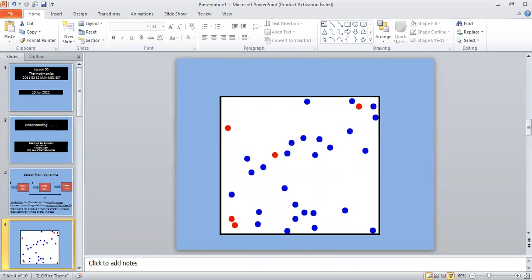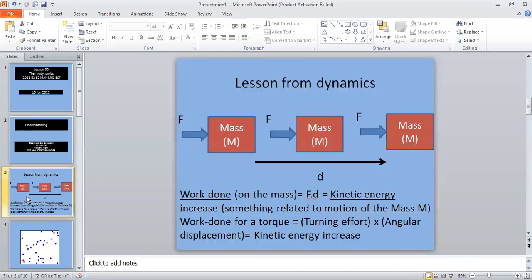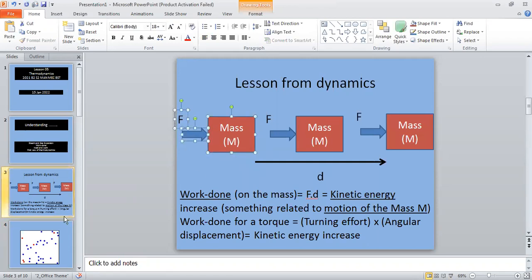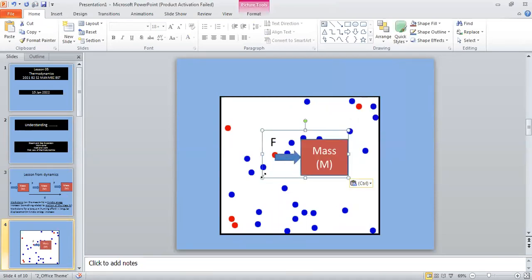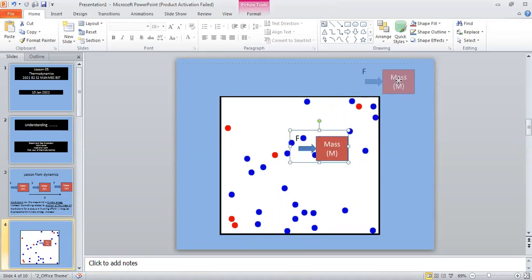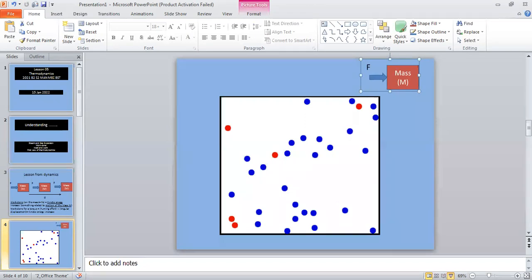Imagine, how can you apply a force on this? For example, in the big mass M, you apply the force.